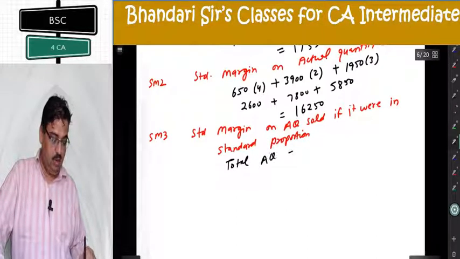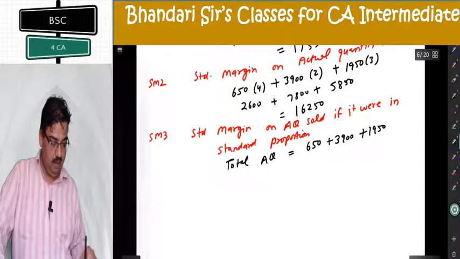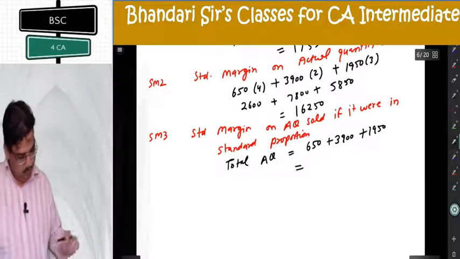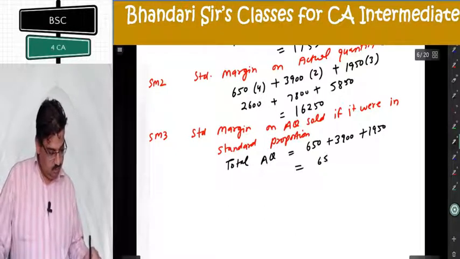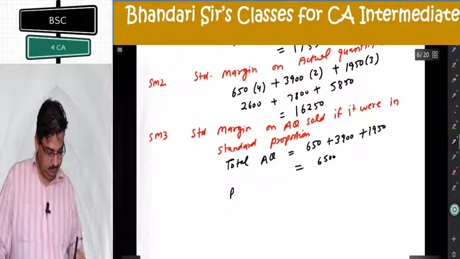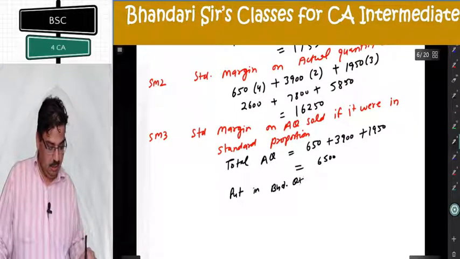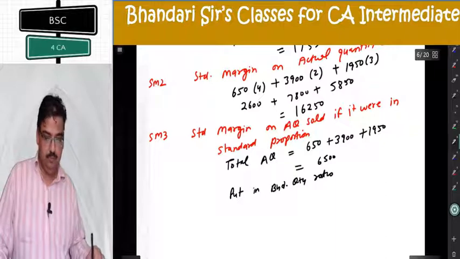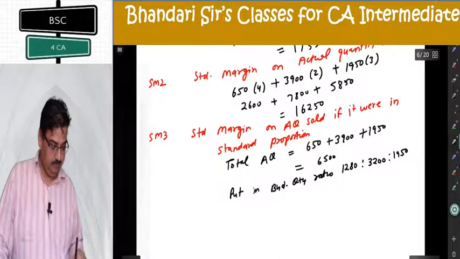Total actual quantity is 650, 3900 and 1950, 6,500. Put in budgeted quantity ratio 1280 ratio 3200 ratio 1950.